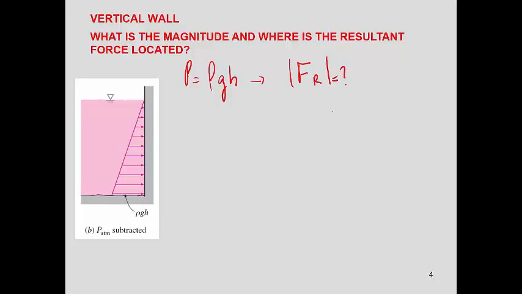That's an important question, because here is all the pressure, not the average force. And this resultant force, the magnitude and the location are two different things. So let's talk about the magnitude.